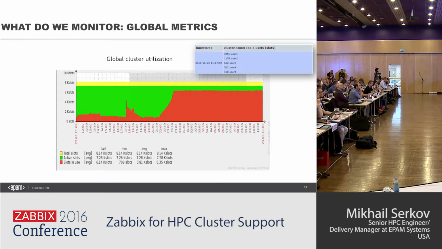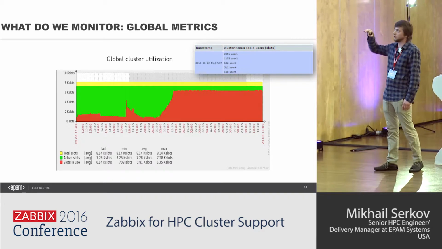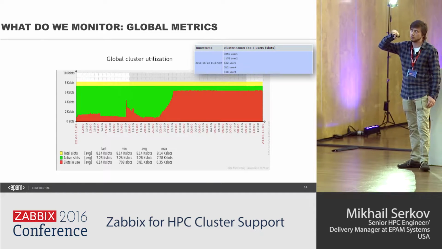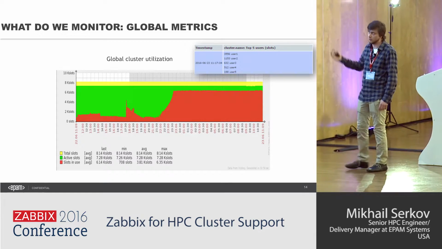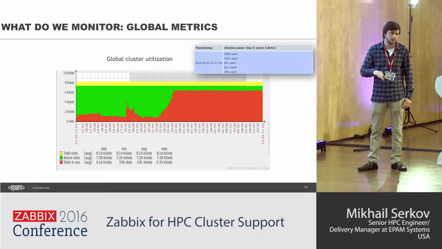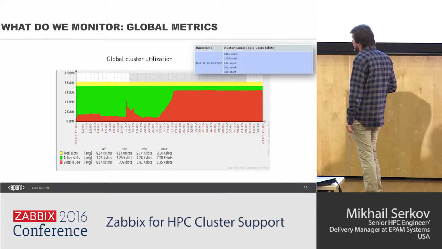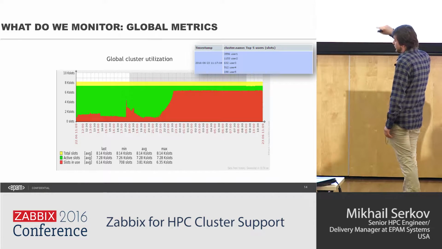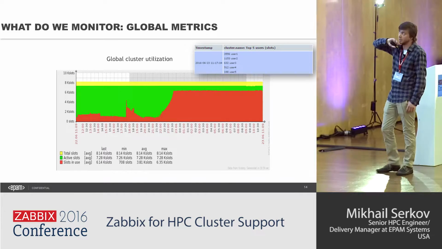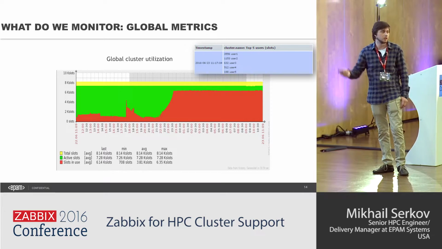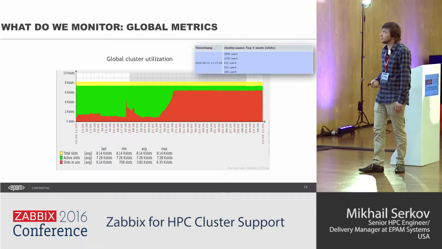So, for instance, this is an aggregation of all CPUs in the cluster. The red one is used slots, green is active slots, and yellow is inactive slots, maybe hosts in maintenance or down or something like that. So if these values start spiking, we understand that something is wrong without looking into a dashboard.